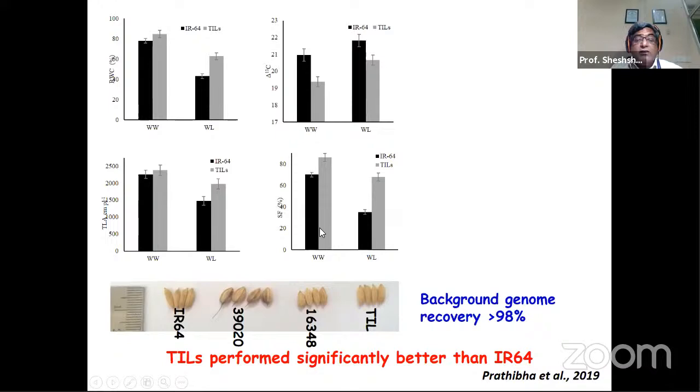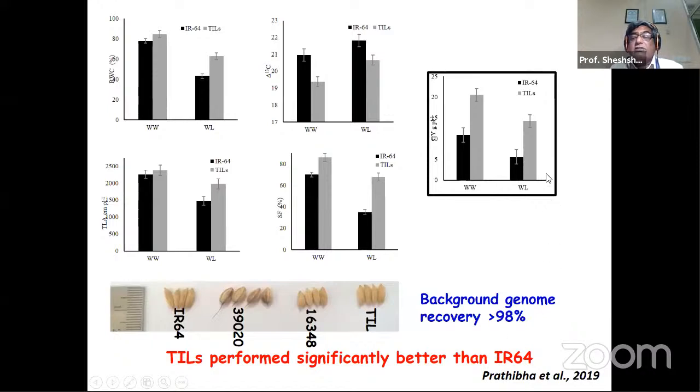And because of the better spikelet fertility that we maintain in the trait introgression lines, and with 98% of the background being IR64, the trait introgression lines had much better grain yield under water limited conditions. This is something which is interesting.